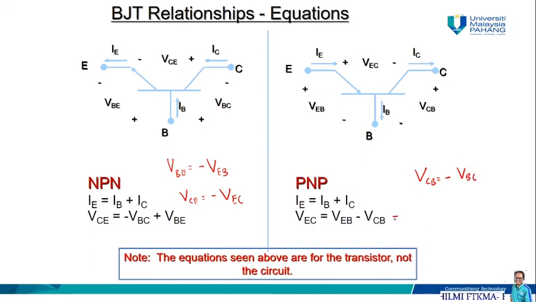So we can always rewrite this equation from a different perspective. VEB minus VCB will be VEB plus VBC. It's the same. So remember that these are the equations to represent the relationship of the current and voltage inside the BJT.